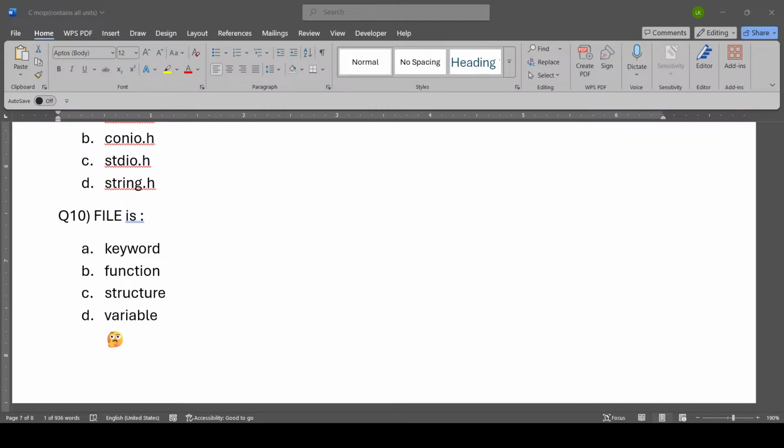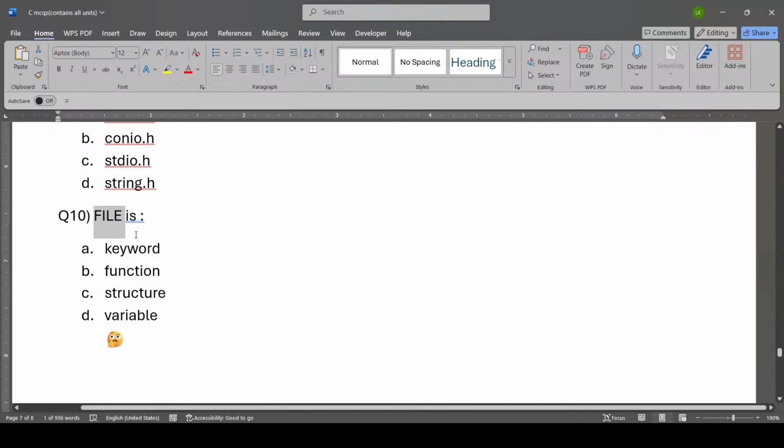So which one is the right answer for question number 10? Someone has said FILE is a keyword. When you talk about FILE, it is actually of a structure type. Yes, it is a structure type.